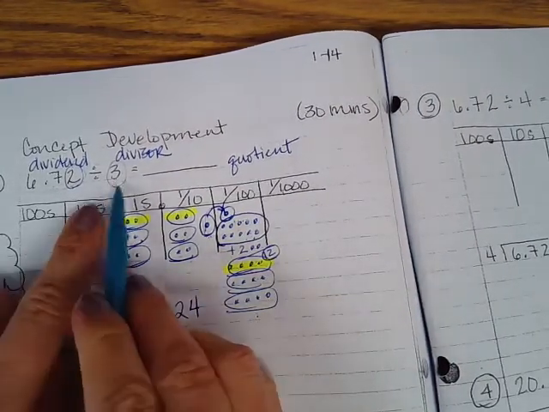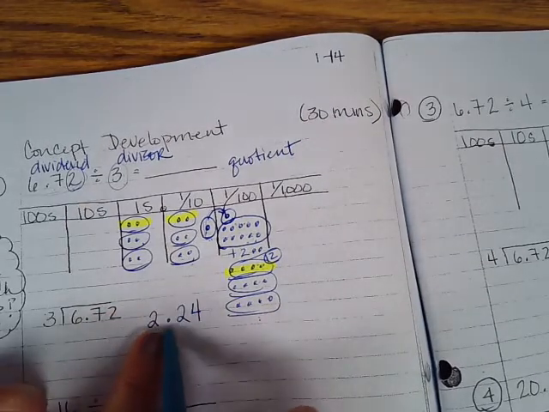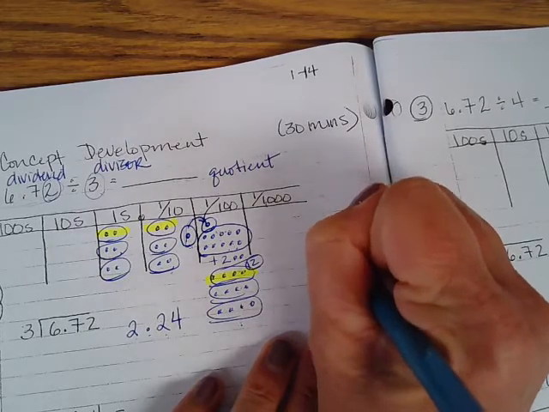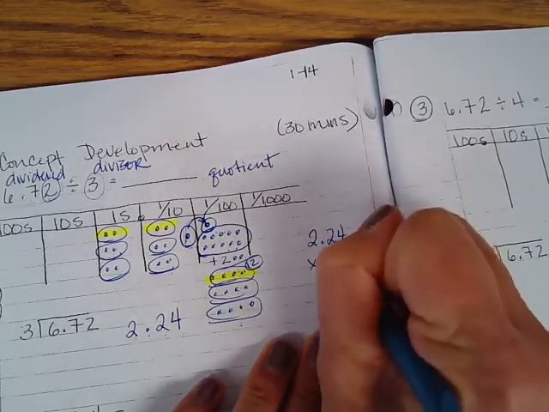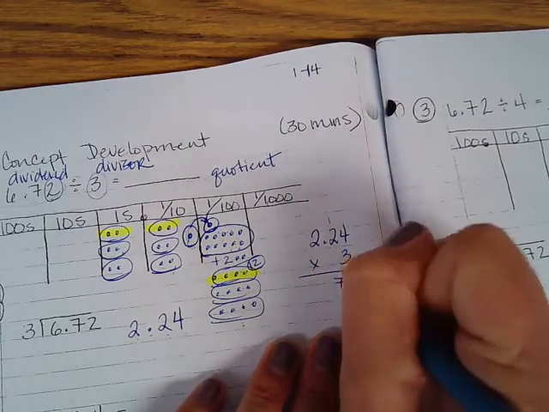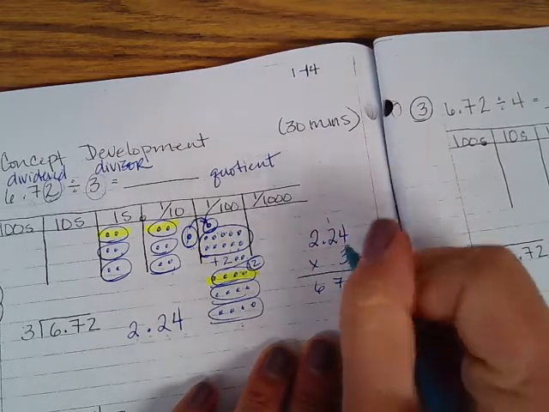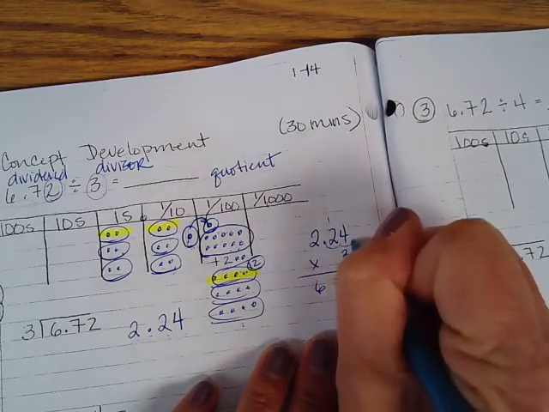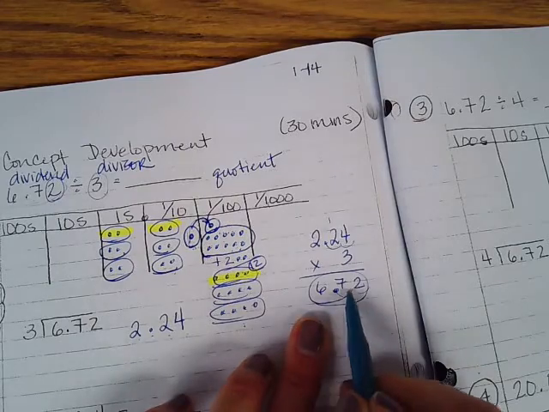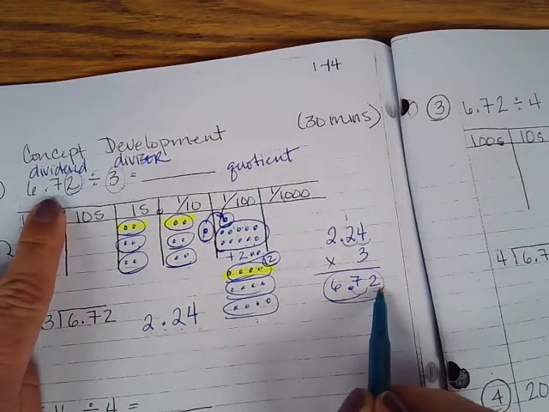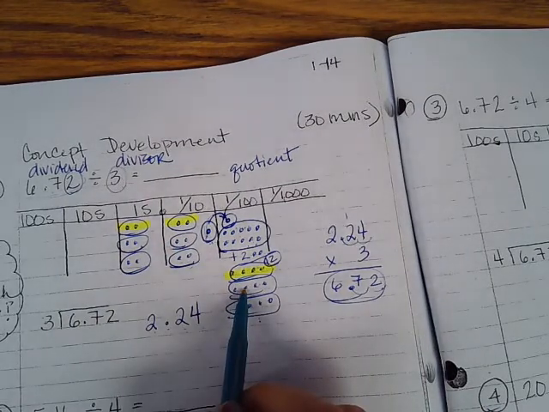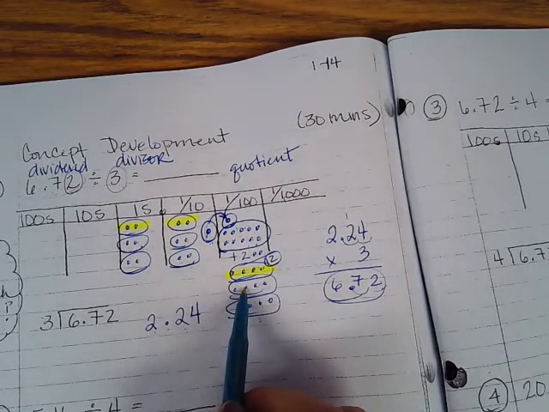We have 3 groups of 2.24, and if you came over here and multiplied 2.24 by 3, let's see what answer we'd end up with. We'd end up with 6.72. That is what we started with. So we know we divided this correctly into 3 equal parts.